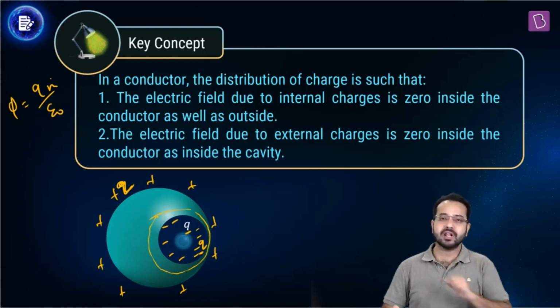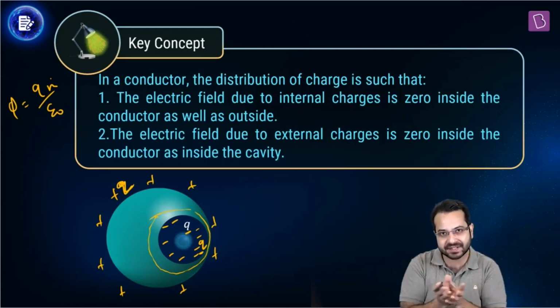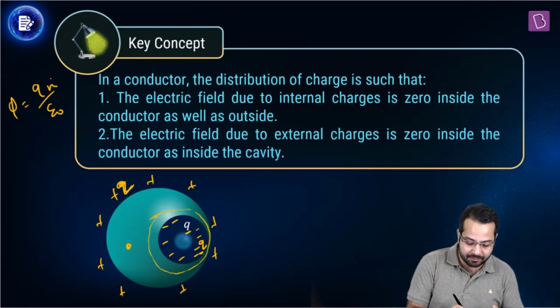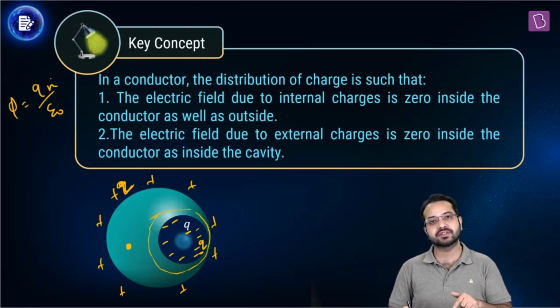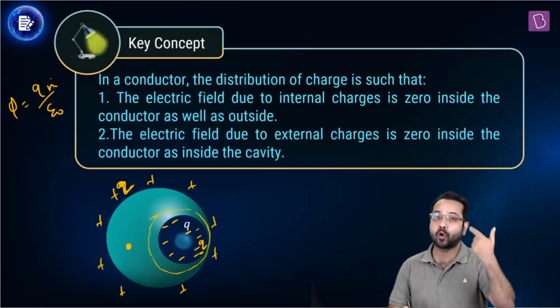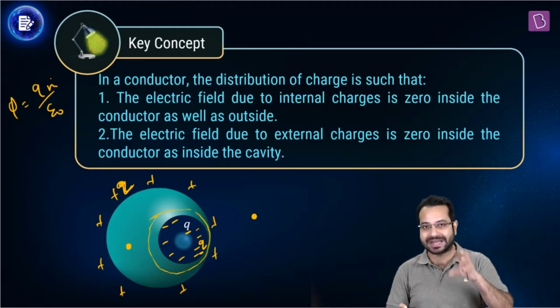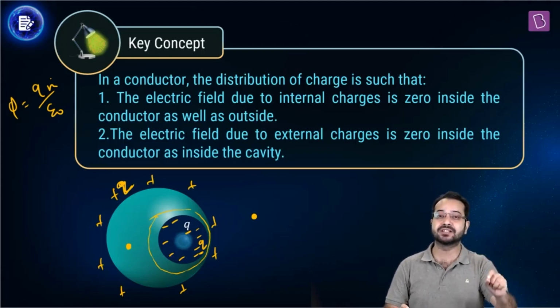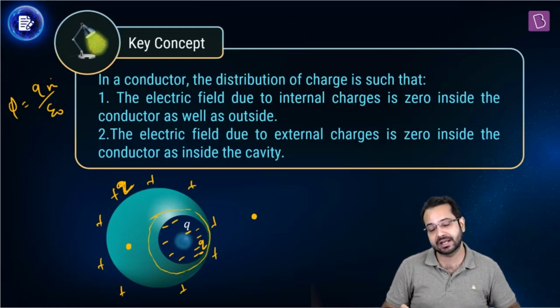Now, what is going to happen is that these internal charges are going to be so distributed that they make the field zero inside the conductor. Okay, and the consequence of that is that they are going to also make the field everywhere outside zero.